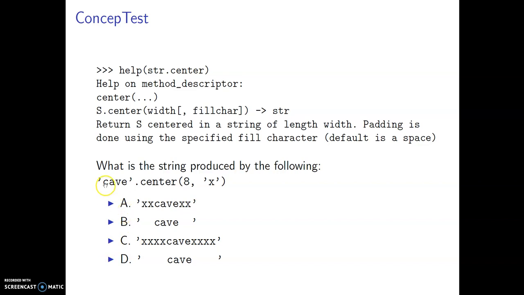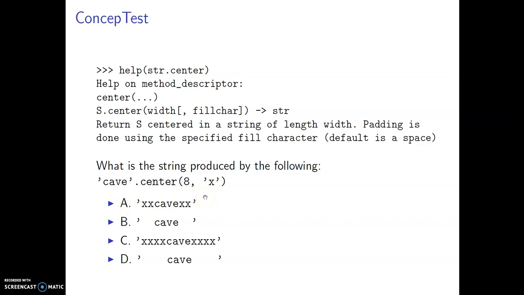So we're padding cave here by putting it in the center of a string 8 units long and padding it with X's, okay? So notice this is already 4, so we're going to have to add 4 X's, and it'll be in the center. So if we have 4 X's, we might have XX here, XX here. Notice that looks just like this, A. I predict A is going to be correct.